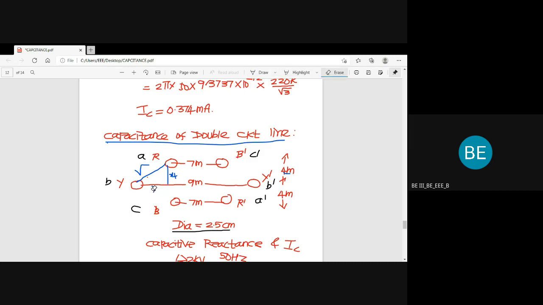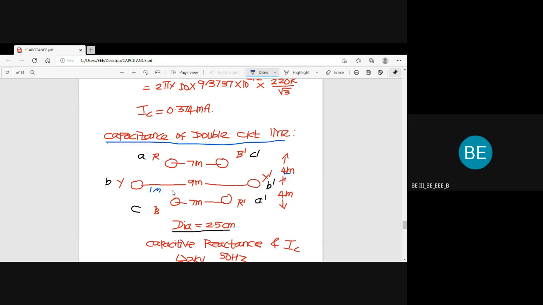So y you can check. R phase it will be 7 meter. So here you will have 9 meter. So we can have 1 meter.